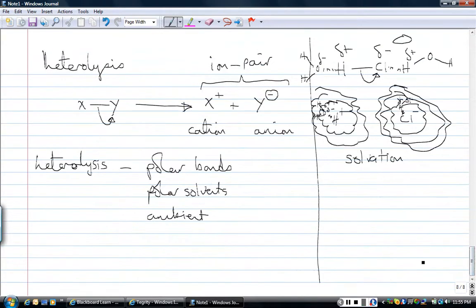So bonds then can break homolytically or they can break heterolytically. It turns out then, if you notice, we've generated 3 different kinds of species in this discussion. We generated species that were free radicals, we generated species that were cations, and species that were anions. Right? We have free radicals, we have cations, and we have anions.